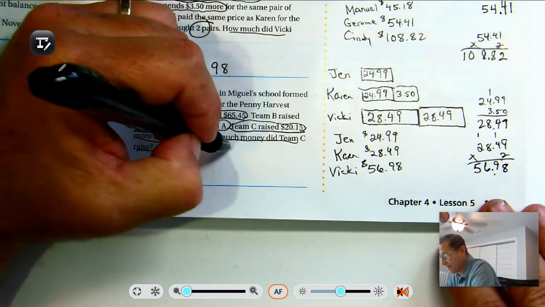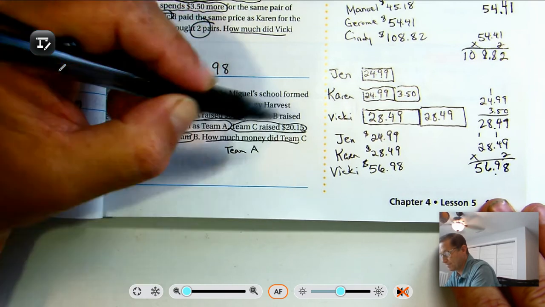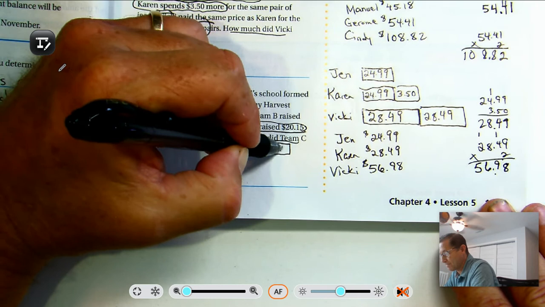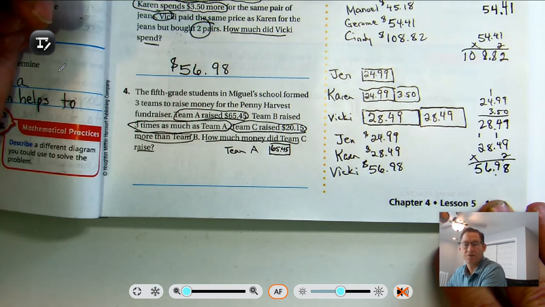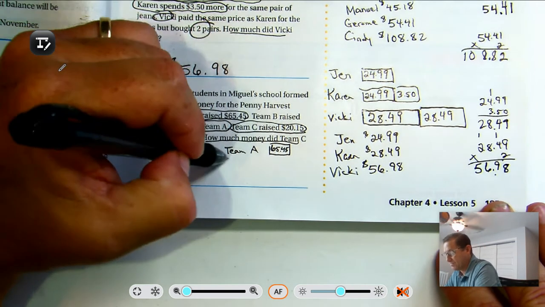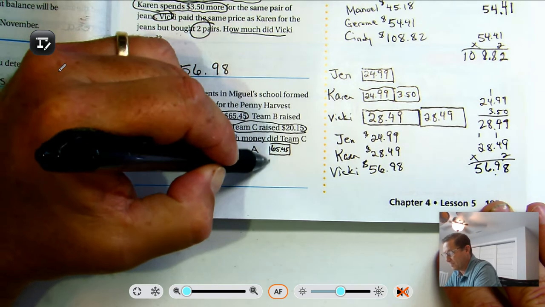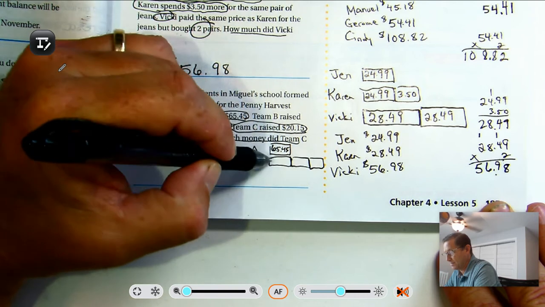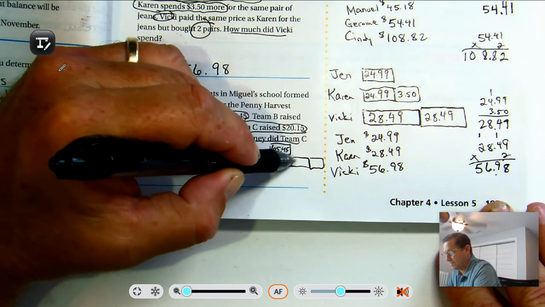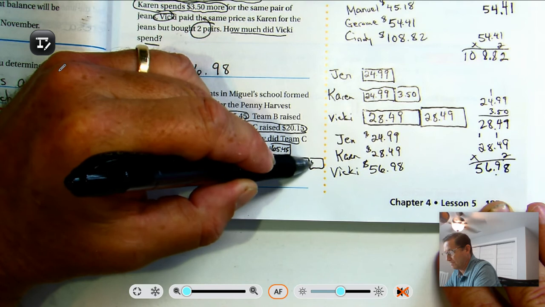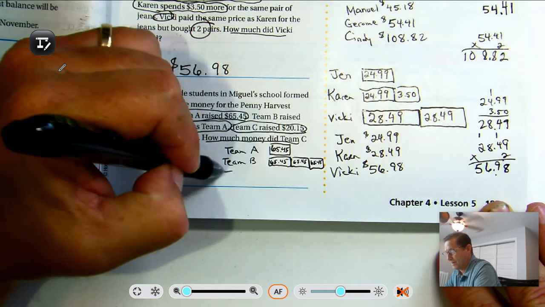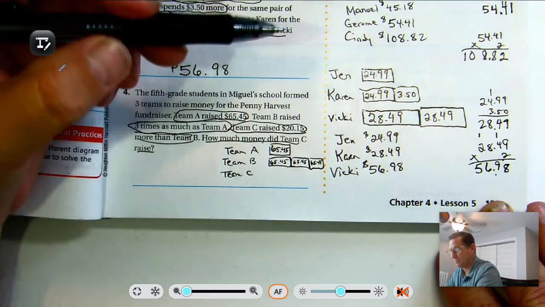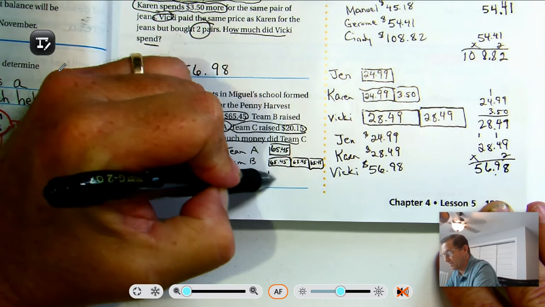All right, so Team A we know raised $65.45. Team B raised 3 times as much. And Team C raised the same amount as Team B, but $20.15 more.